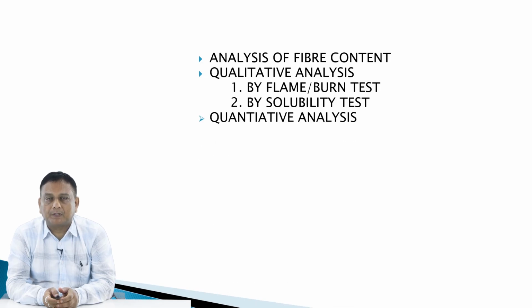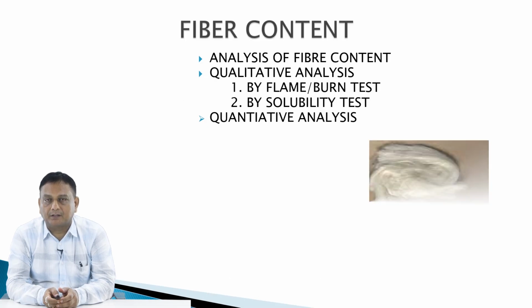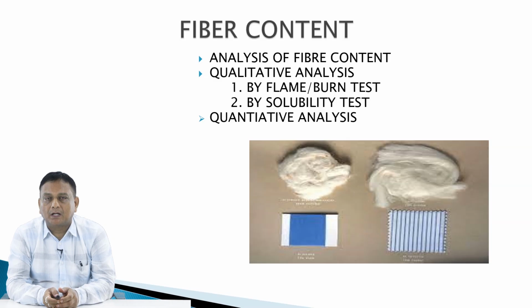Quantitative testing is normally chemical testing, so chemical testing has to be done on the fiber content. Different fibers are used, and for that different chemicals are available for dissolving, and different burning tests are there for that, and they will act as different kinds of substances.